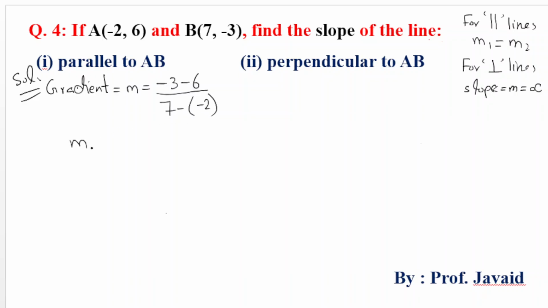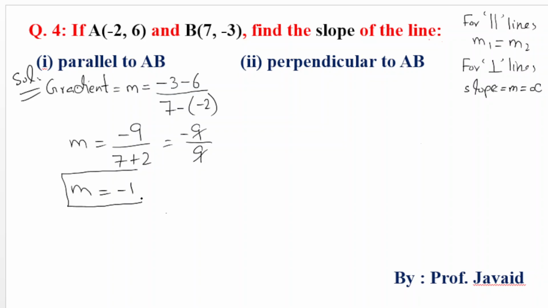So m is equal to negative 9 over 7 plus 2. So negative 9 by 9. Here the 9 will be cancelled out, and we got m equal to negative 1. So this is basically the slope.